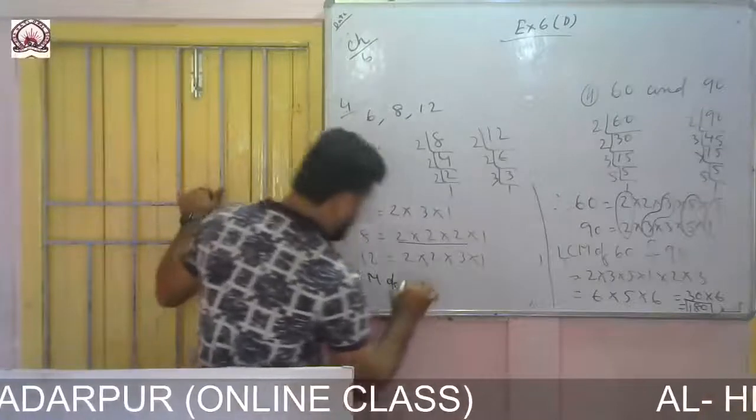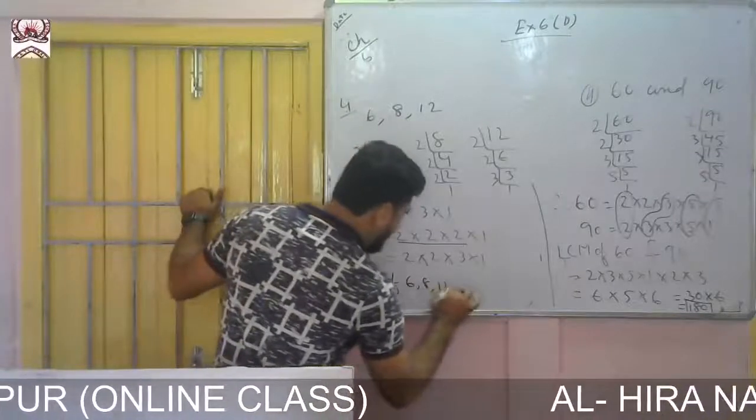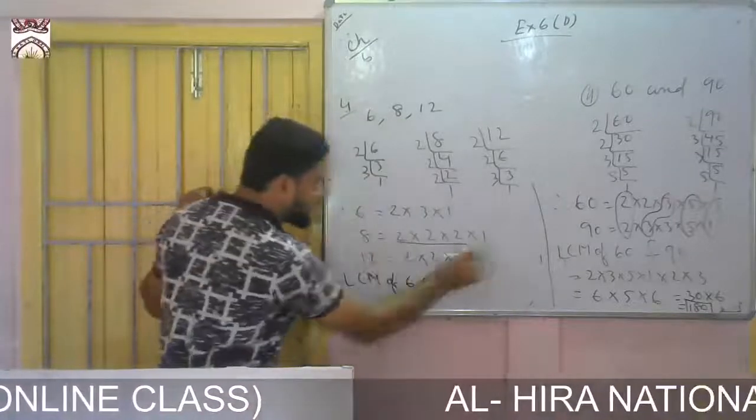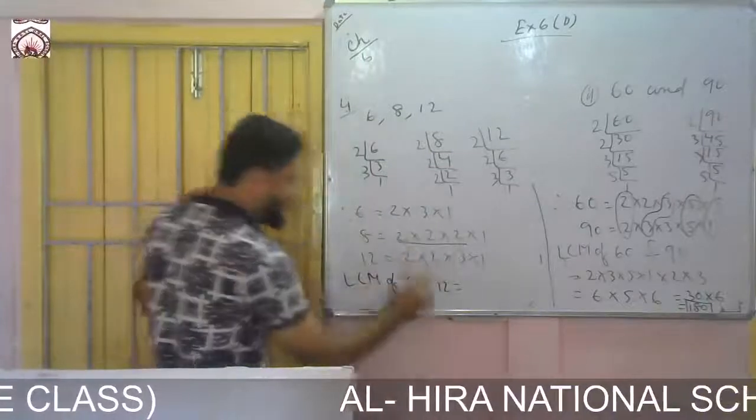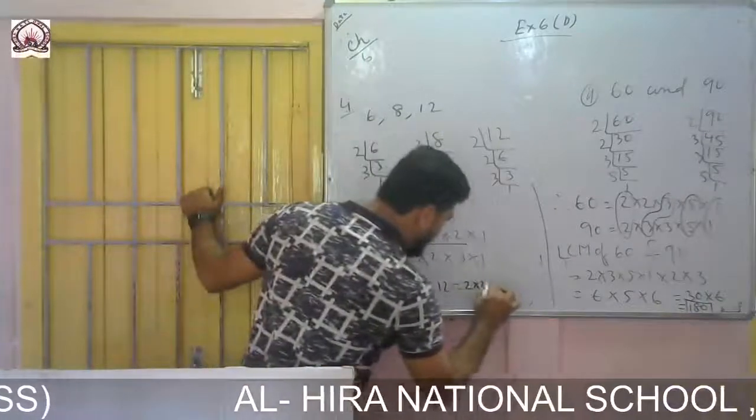LCM of 6, 8, 12 equals to what? 2 is repeating 3 times, so I will take the greatest one: 2 into 2 into 2.